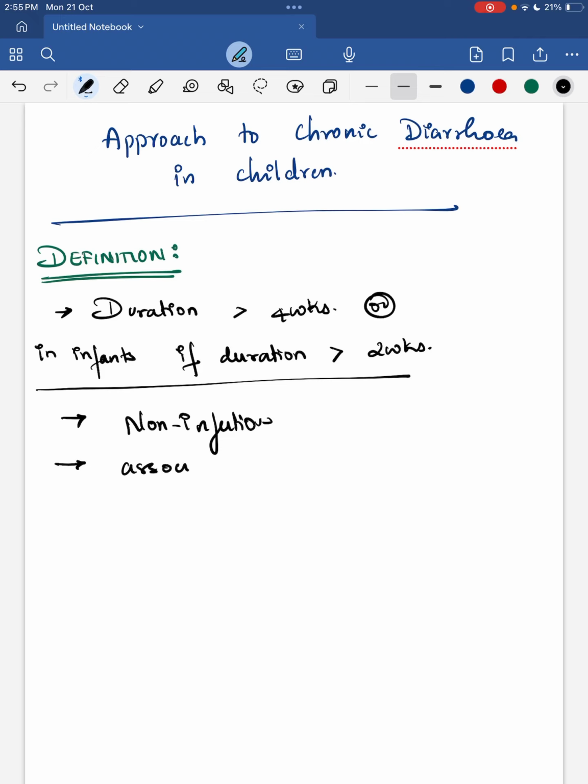Fine. So here you will have a confusion between persistent diarrhea and chronic diarrhea. Okay, so I'll talk about the persistent diarrhea definition also.